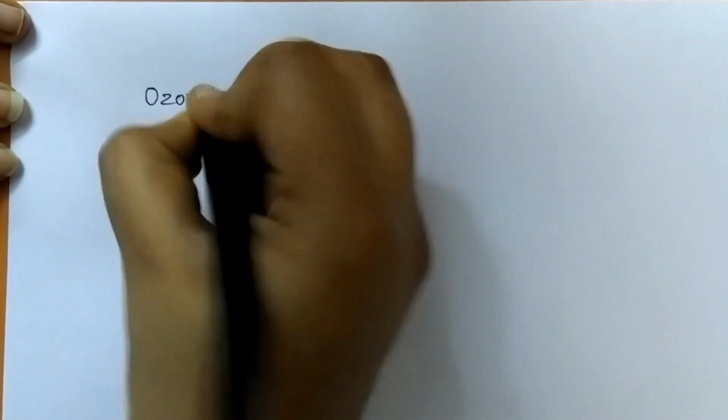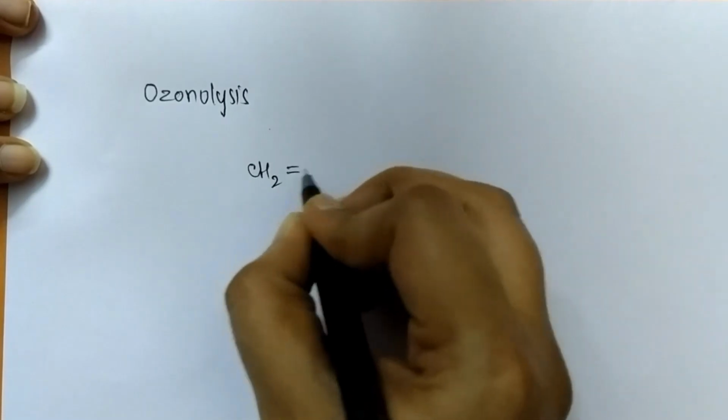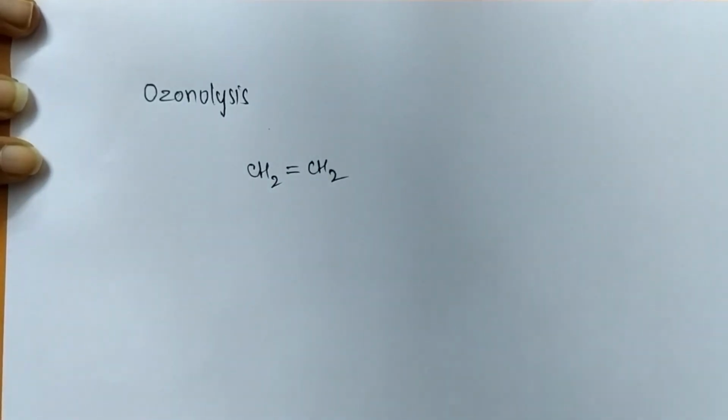So now our next reaction is ozonolysis. So now let us consider ethene, that is CH2=CH2.